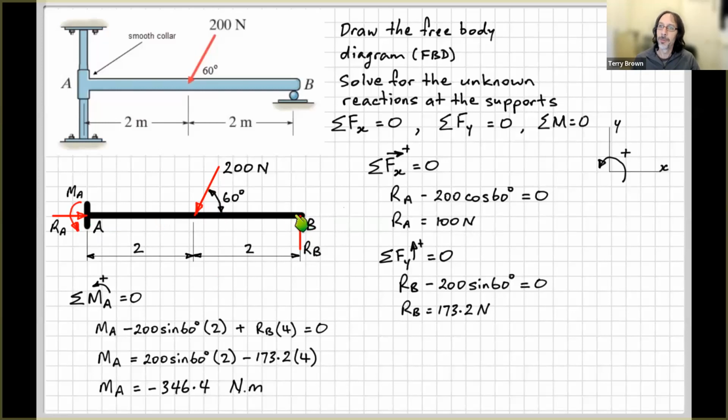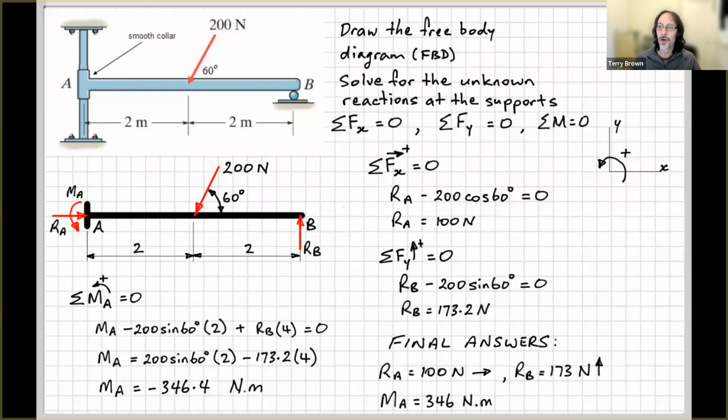The 200 Newton force tends to rotate this thing anti-clockwise about point B, so therefore MA needs to be clockwise, which is why we've got the negative value there. All right, so finish up by summarising your results, put your final answers, and round to 3 significant figures.